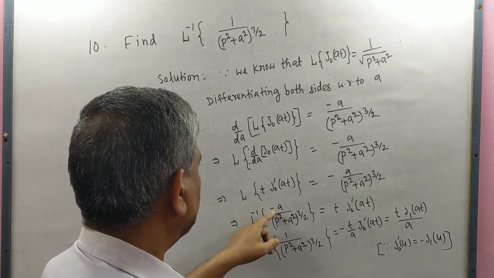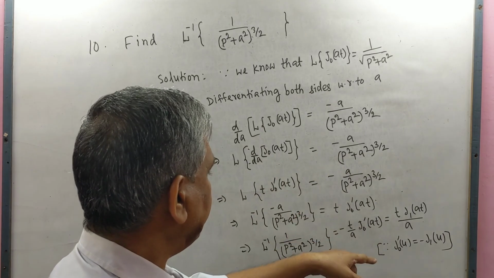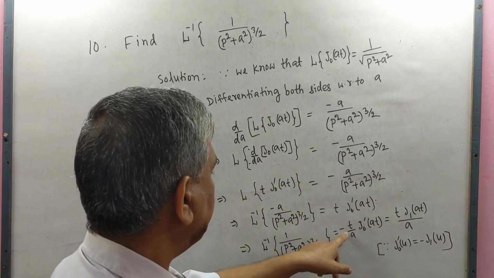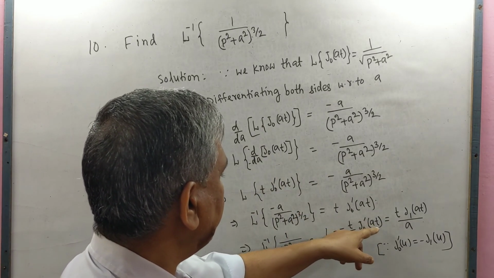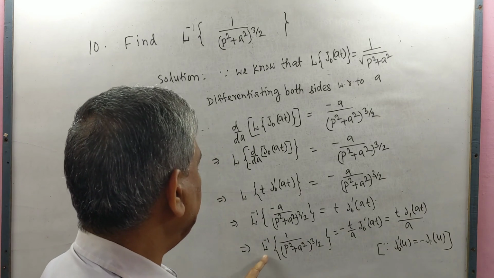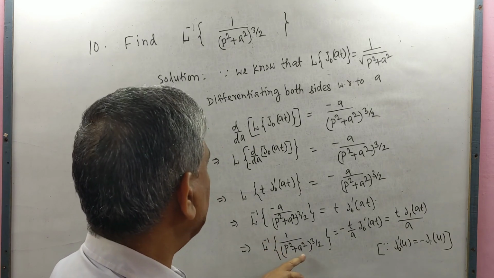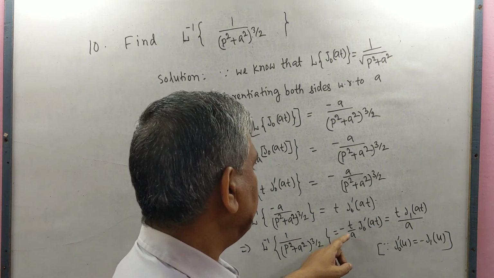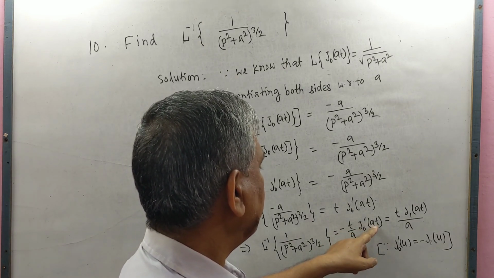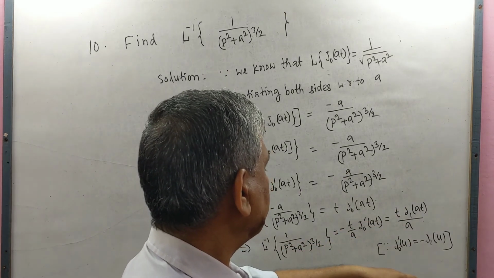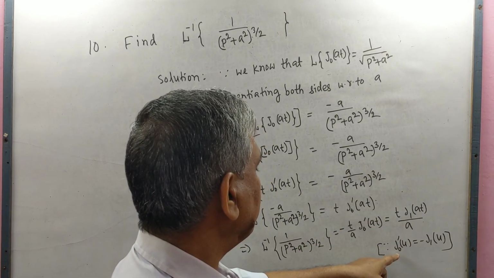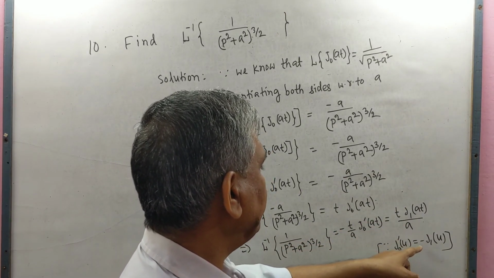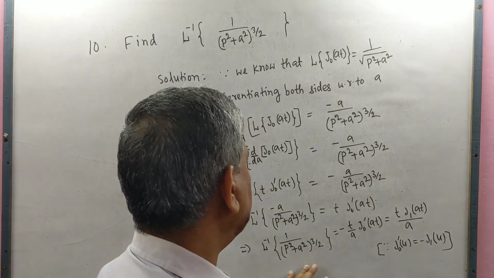We send minus a to the right side, so minus t by a J0 dash(at). The left side is L inverse of 1 by (p square plus a square) to the power 3 by 2. And minus J0 dash(at) is J1(at), since by the formula we know that J0 dash(u) equals minus J1(u). This is the required solution.